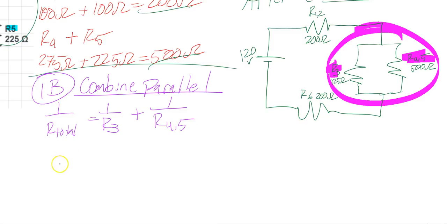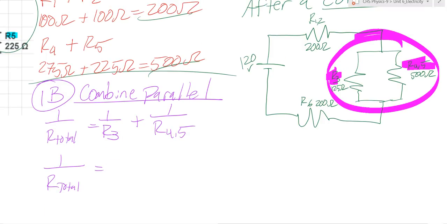Okay? So 1 over our total equals 1 over 125 ohms plus 1 over 500 ohms.